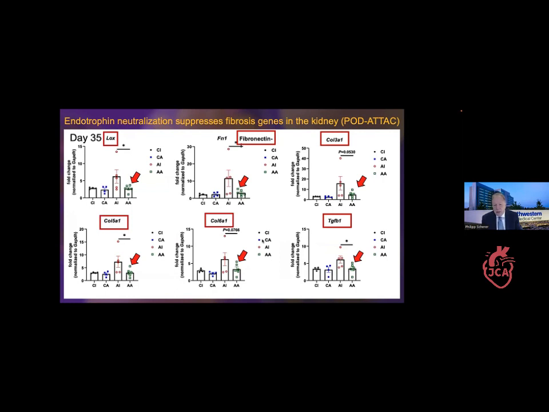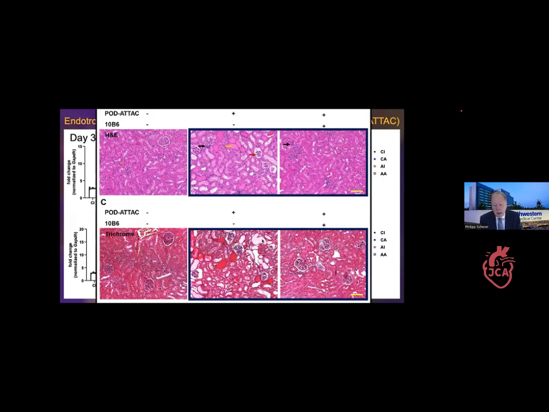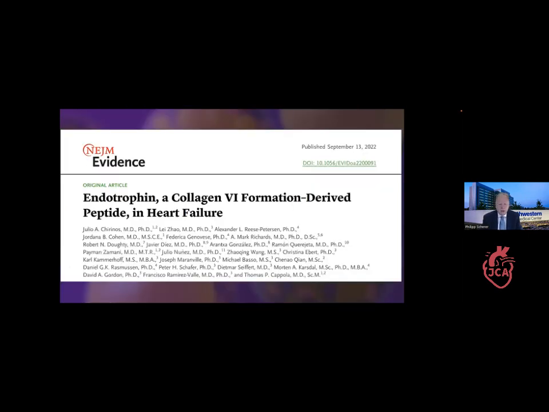The fibrosis disappears by gene expression as well as by histology. Upon closer examination, you can see a full restoration of podocyte function, and as such, kidney function is functionally restored as well.